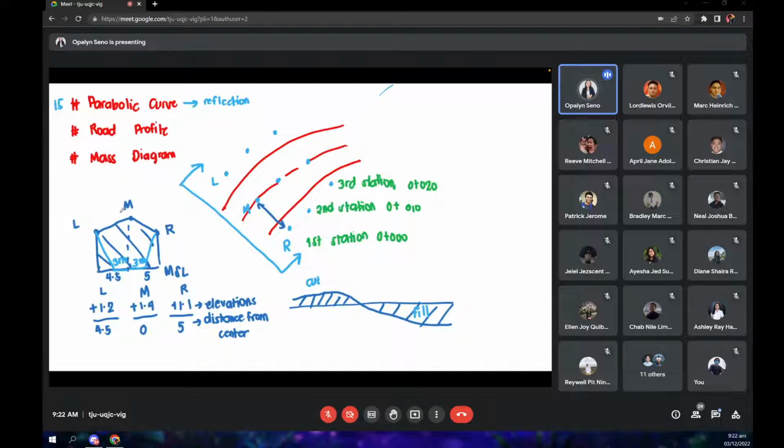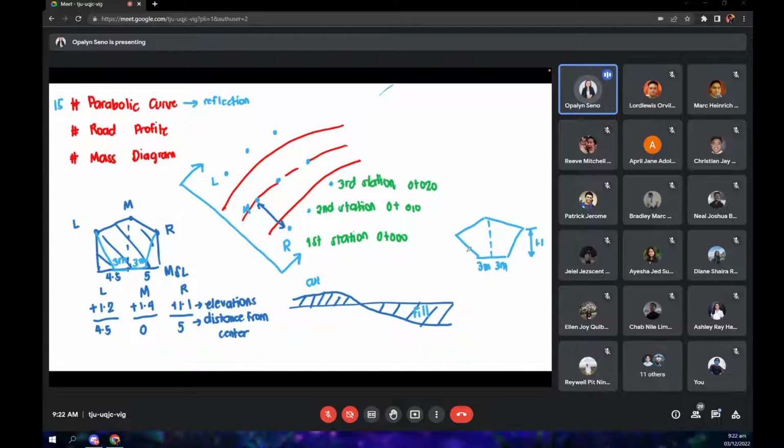So once you have this, this is your road profile. Your new road is 3 meters, so 3 meters is the distance from the center. 3 meters here, 3 meters also here, and the elevation stays the same from the mean sea level.